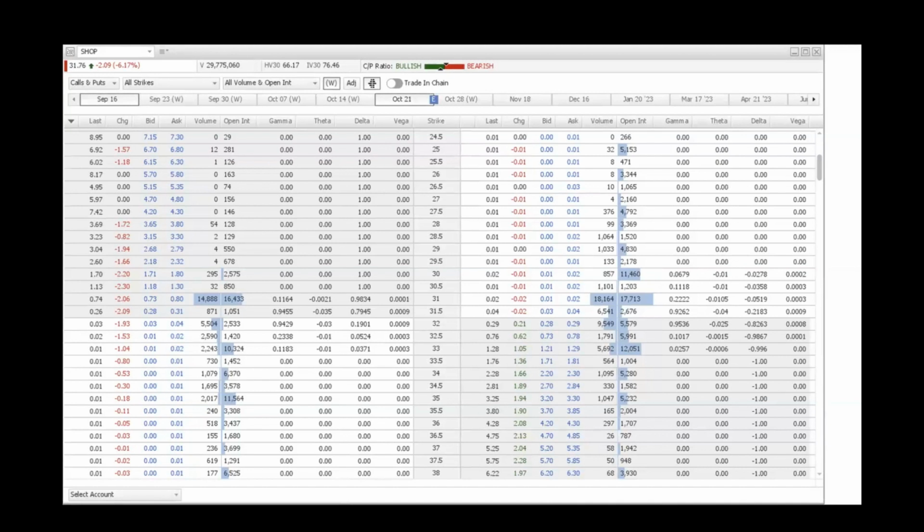And that's the theta gamma trade-off, meaning you're losing some time value, but you're gaining that momentum, which equates to risk. Think about that.